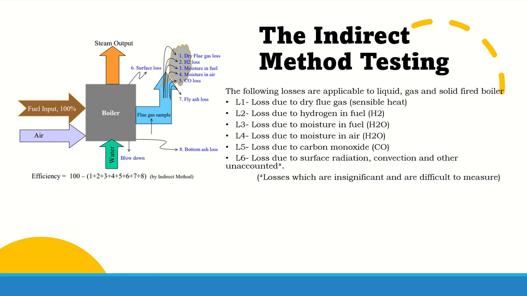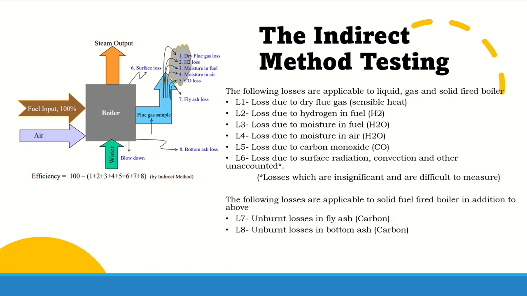These are applicable for liquid, gas, and solid fired boilers. Two more losses are particularly for solid fuel boilers, because solid fuel has ash. Compared to solid fuel, the ash content of liquid and gaseous fuels is very low.